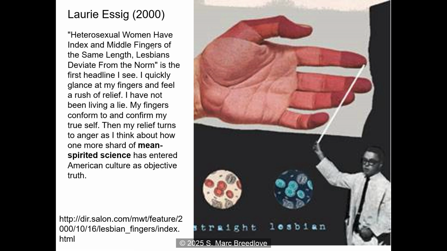Here's one of them who talked about the study, and this particular woman said she's reading the headline in the newspaper and she's really angry about it. And she says, why would anyone do a study like this? She said that it was mean-spirited science. Twice she says it's mean-spirited to do it.